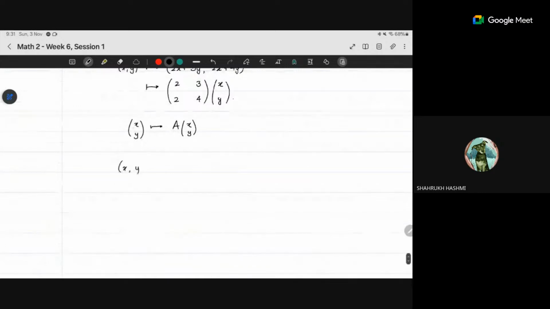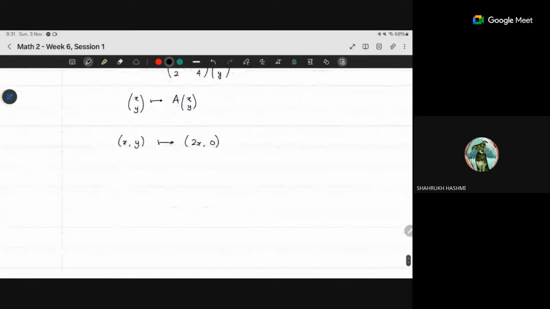If you take another example, let's say x, y goes to 2x, 0. Is this also just a matrix multiplication? Can you write this as some matrix times (x, y) for all x, y? Let's keep it 2x, 3y.